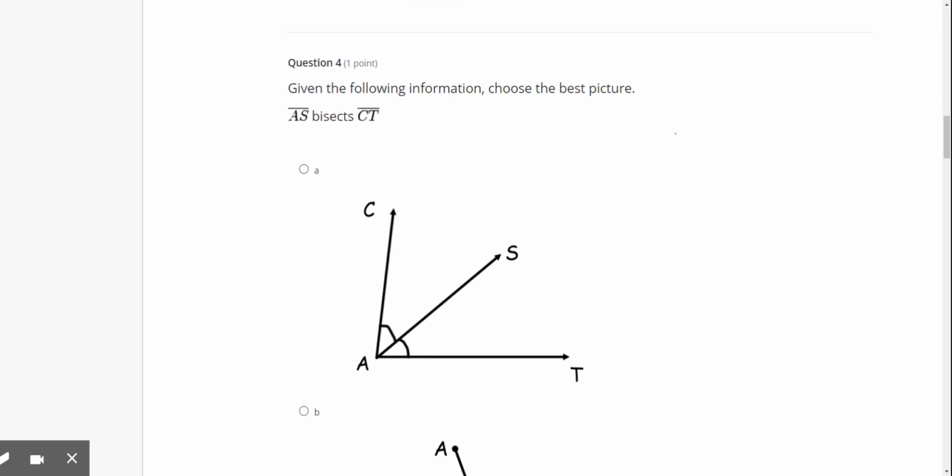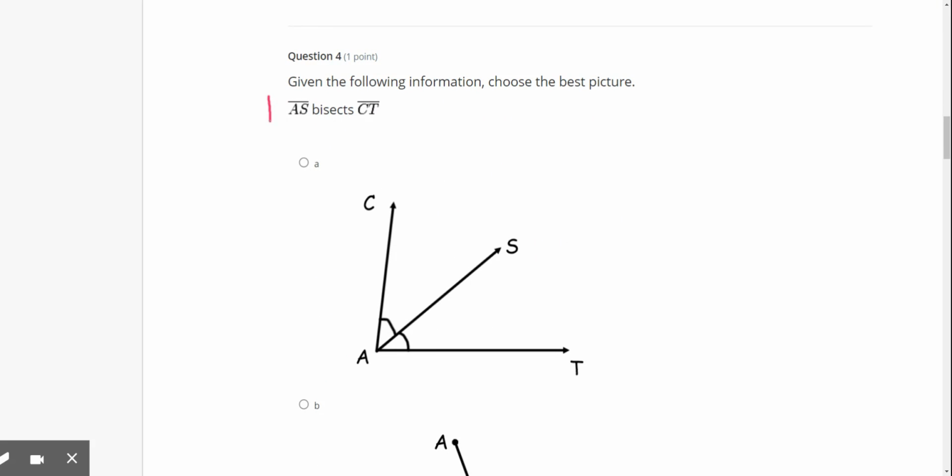Okay. Here, similarly, we've got to translate this. So bisects means cuts in half. So AS is like the knife that cuts CT in half. Imagine AS is a knife. It's not going to move. It's not going to be broken or cut in half. Whatever the second thing is, the object of the sentence, that's the thing that's been cut.